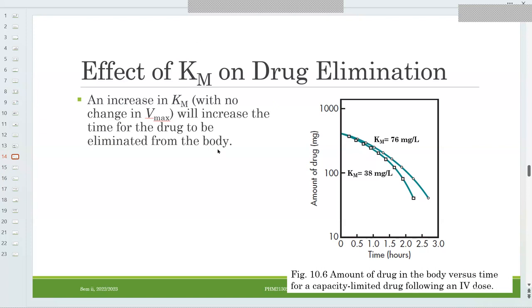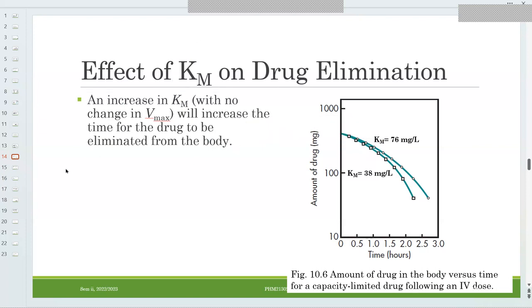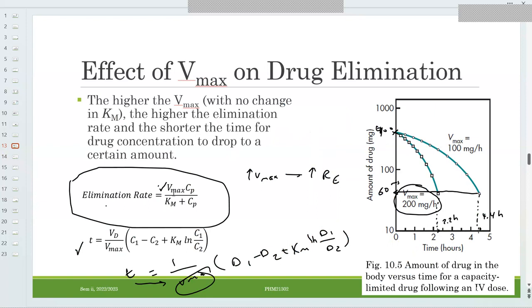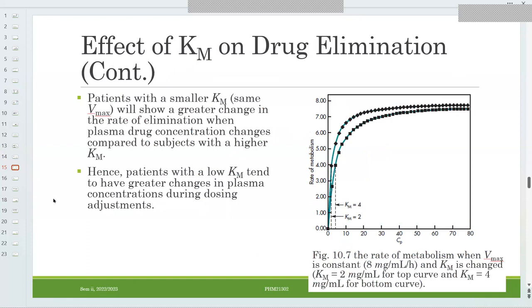As we show in the equation, Km has an inverse relationship to the elimination rate. So the larger the Km, the smaller the elimination rate.